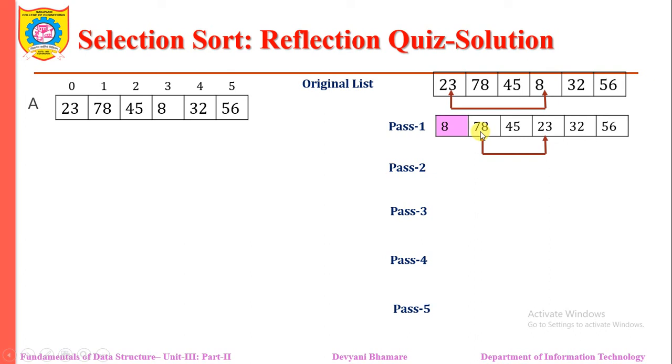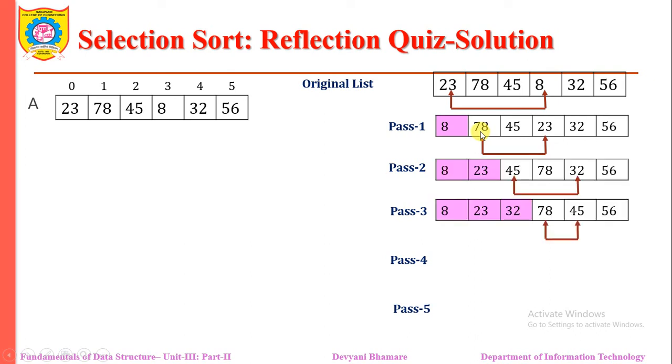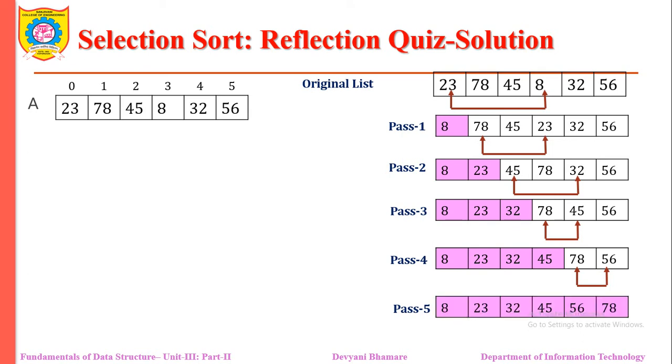So we get 23 swapped with 78. In the next iteration, 32 is swapped with 45. In the next pass, 45 is swapped with 78, and in the last, 78 and 56 are swapped. So at the end of pass 5, we find that all the elements are in their appropriate place.